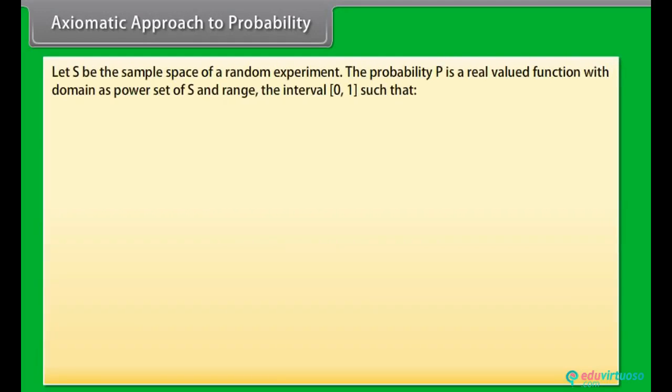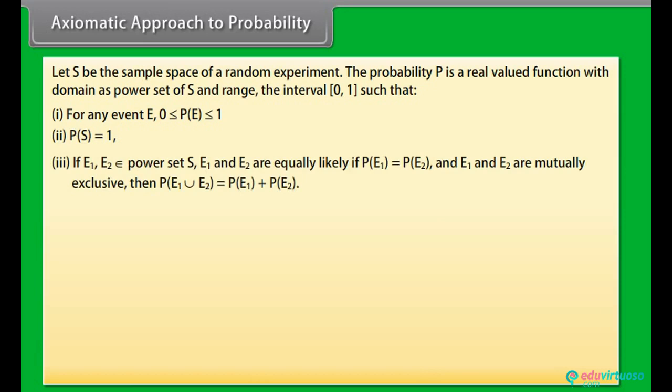Axiomatic approach to probability. Let S be the sample space of a random experiment. The probability P is a real-valued function with domain as the power set of S and range the interval [0, 1], such that: 1. For any event E, 0 ≤ P(E) ≤ 1. 2. P(S) = 1. 3.